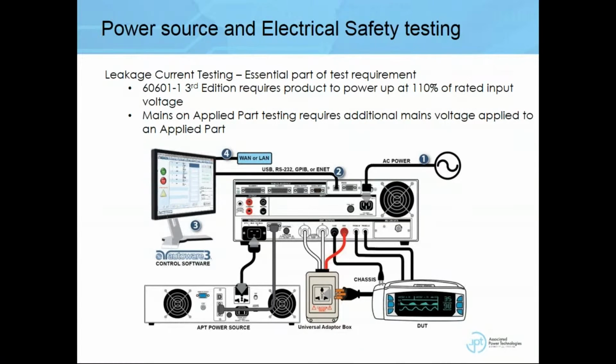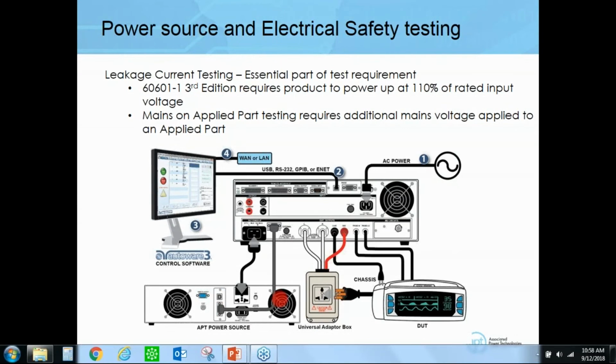So if you have a product that's listed at 230 volts or 240 volts, you have to be able to provide 264 volts. In the setup here, you see that a source is being used to apply power for a device to turn on not at the normal voltages, but at 110% of the rated input voltage.